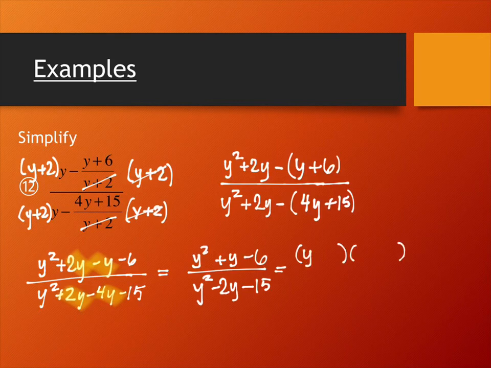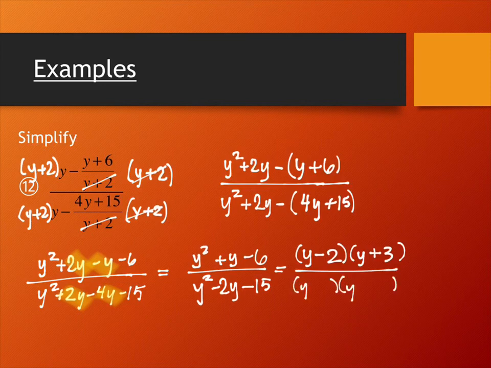So I have y and I have y. What are my signs? Opposites. So a negative and a positive. Two numbers that multiply to 6 and add to 1: negative 2, positive 3. Denominator, y and y.